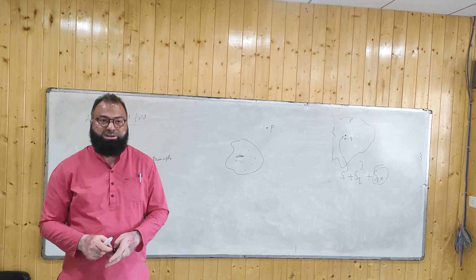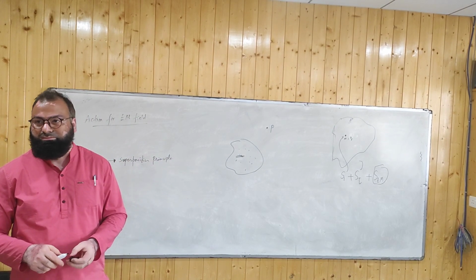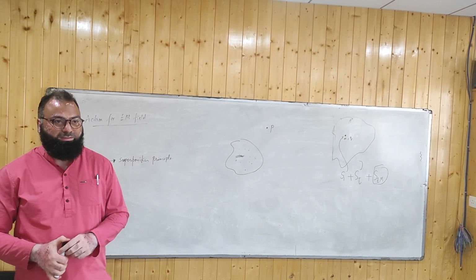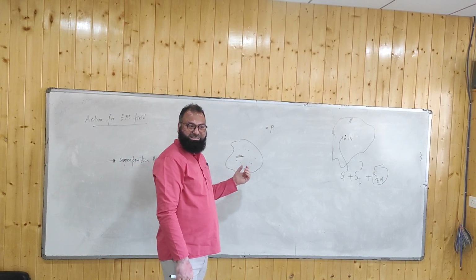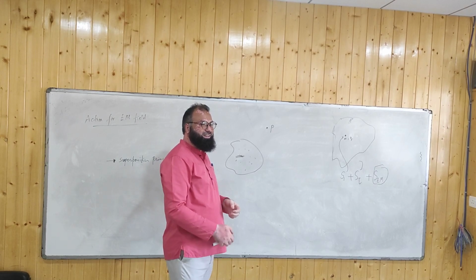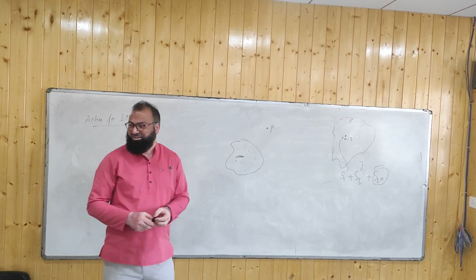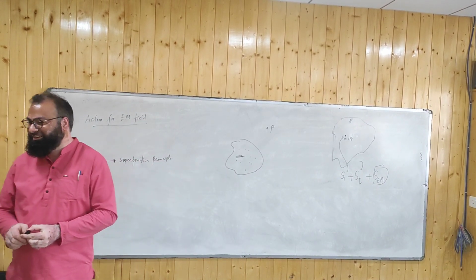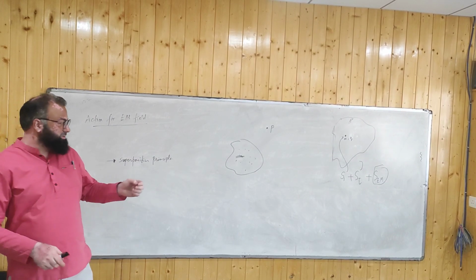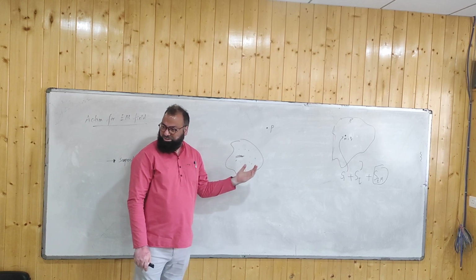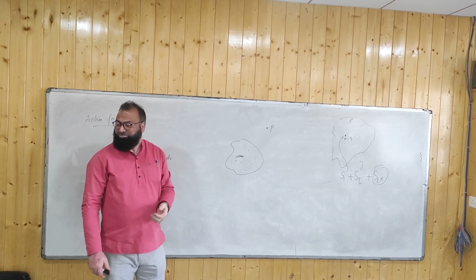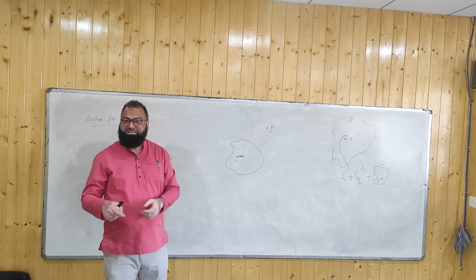So what does the superposition principle mean? If I need to figure out the electric field at this point due to all these charges, how can I do it? Make a precise statement.